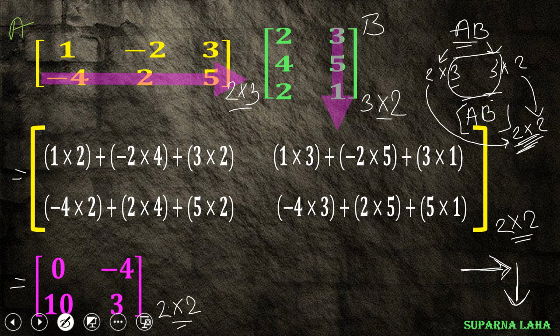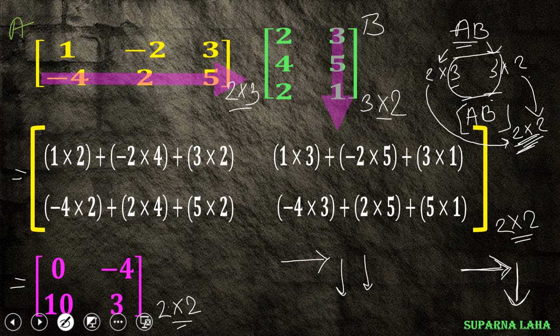Here you need to remember how to multiply. We need to multiply each row with each column, take these elements, and just add them, and it will give the rows of this new matrix. We will solve more and more multiplications like this so that the concept will be clear to you.